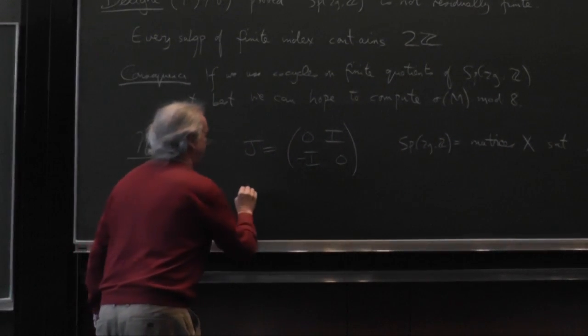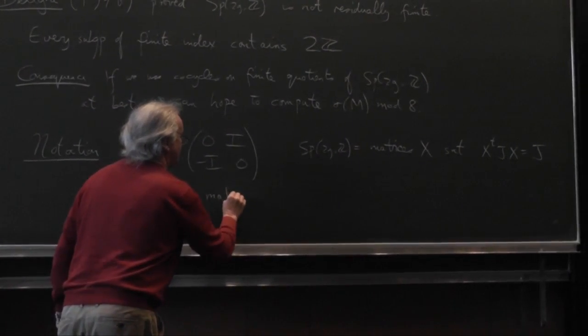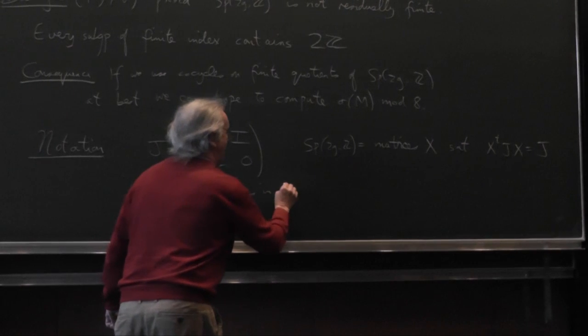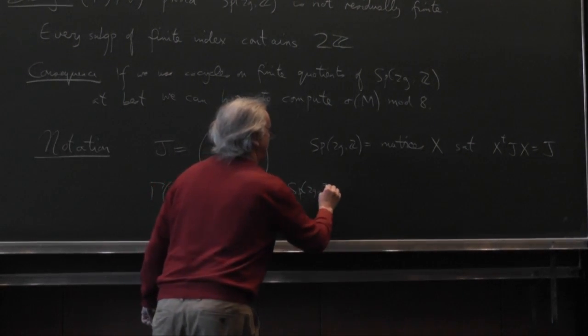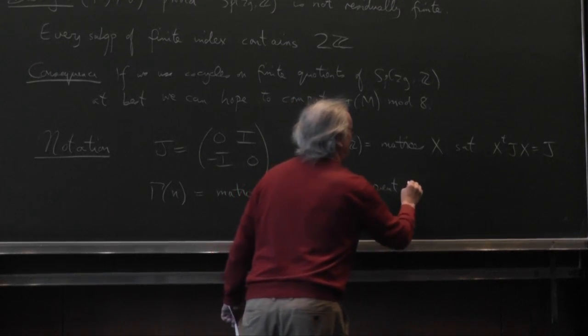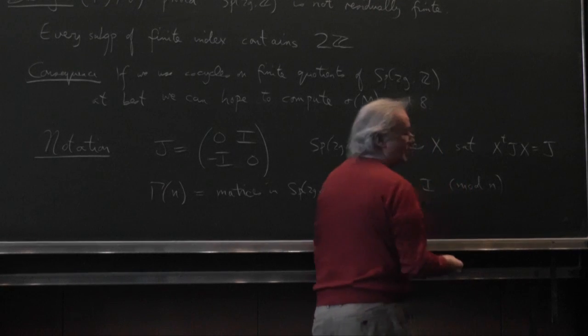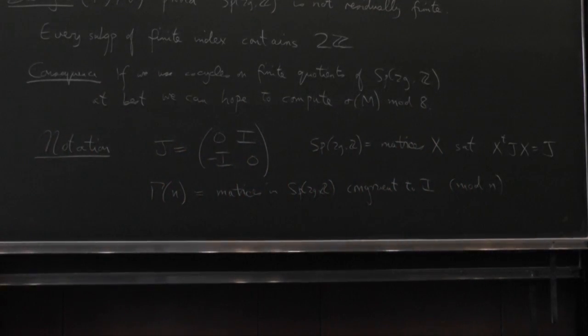And I'm going to write Gamma(n) for the matrices in Sp(2g, Z) congruent to the identity mod n. So this is the principal congruence subgroup of level n.